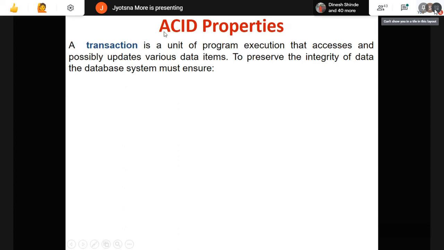What does A stand for in ACID? We have done this A part somewhere in a previous chapter, right? Atomicity. Yes. C stands for, I used this term just now while explaining the transaction.